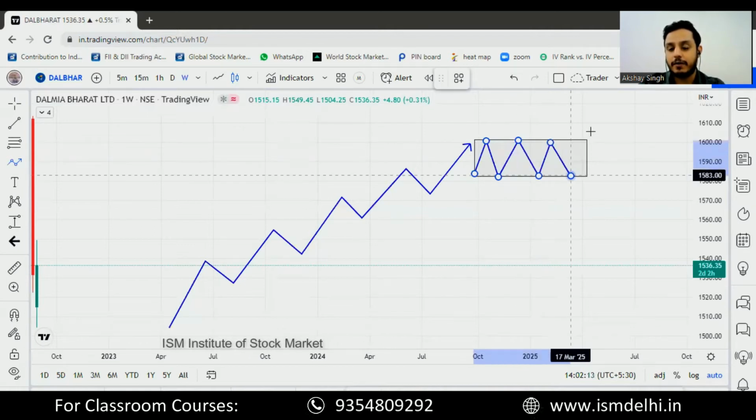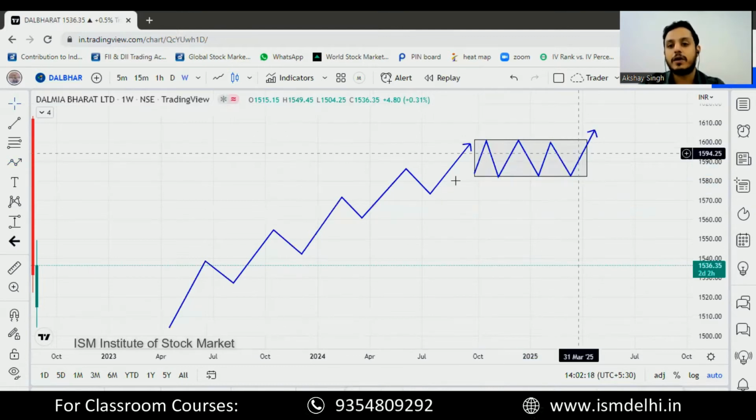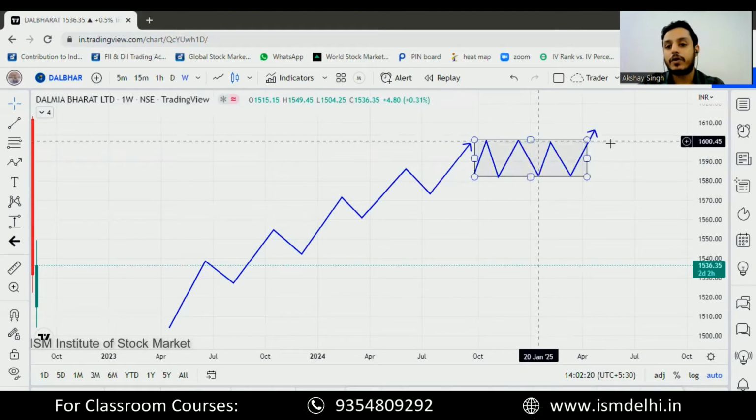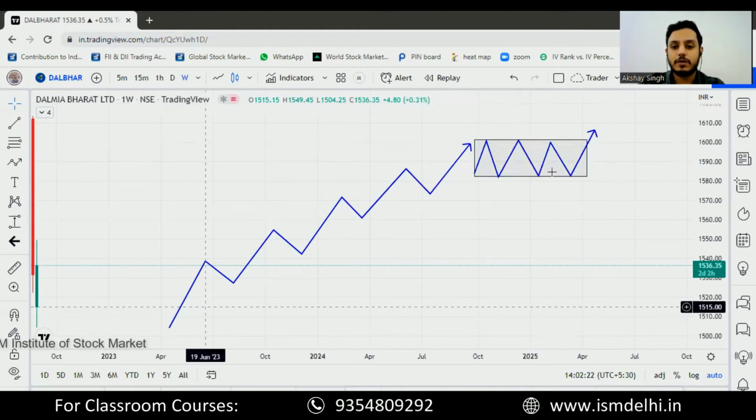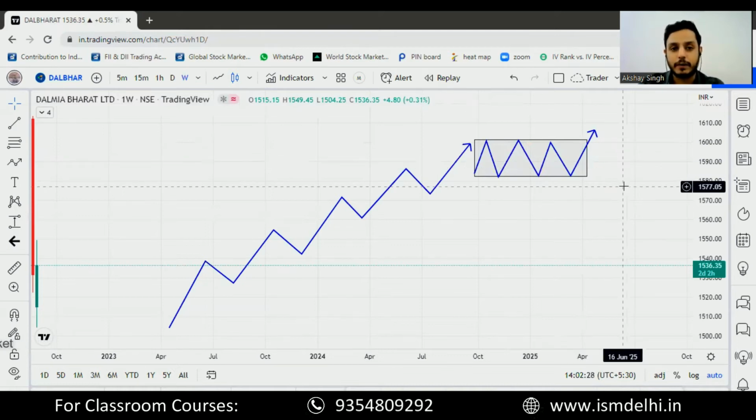But then if we get a breakout, we can say the tussle between buyers and sellers is now converted into the strength of the buyers. So this is a simple chart pattern that you can spot and use to do swing trading.